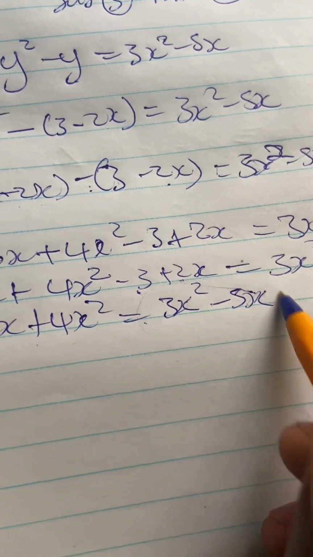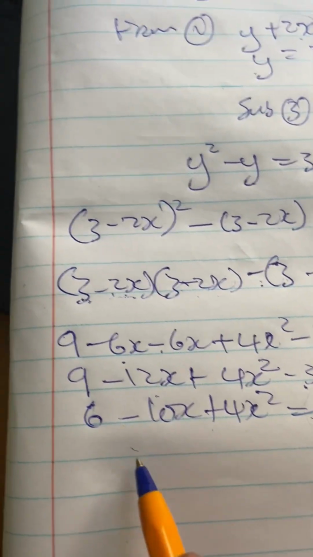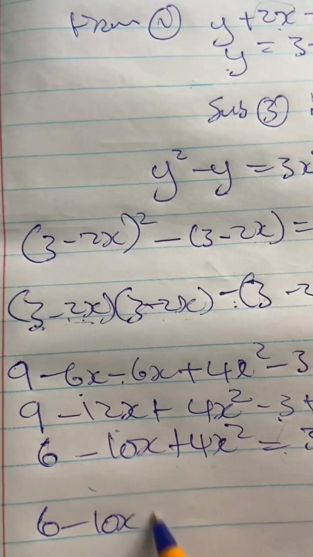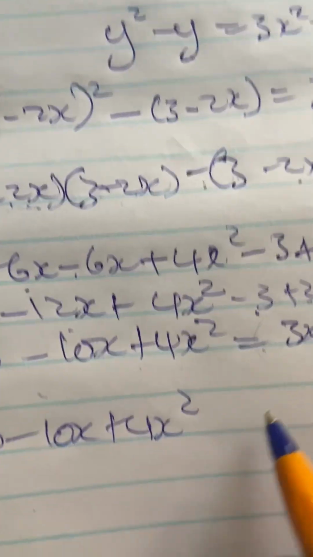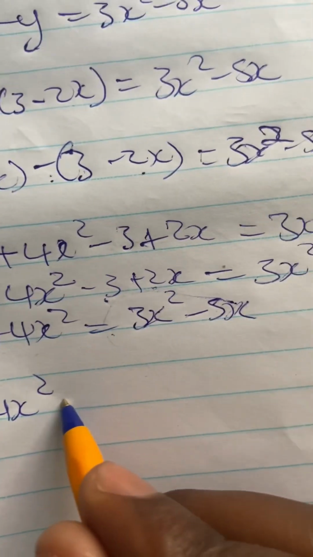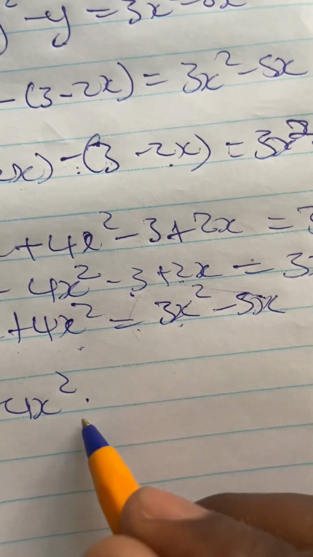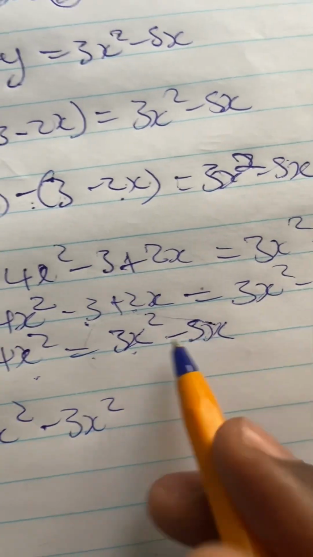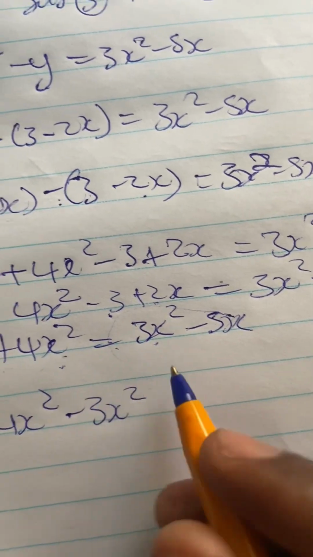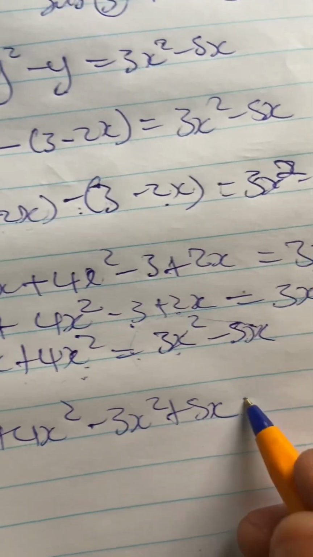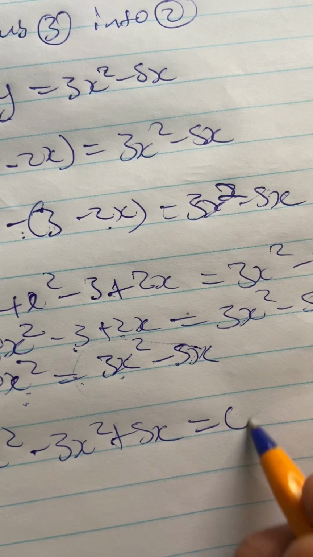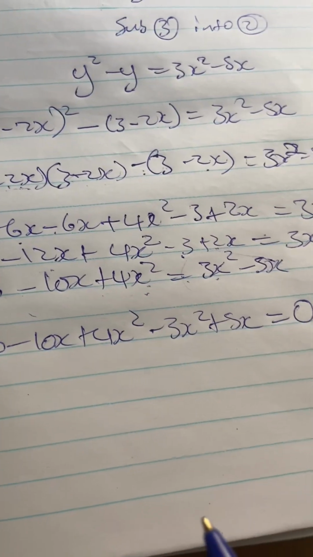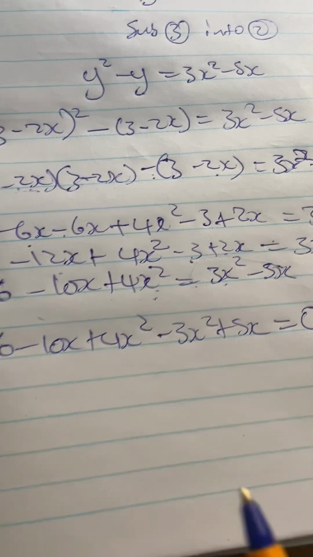So let's take this to this side. It's going to be 6 minus 10x plus 4x squared. Take this to this side, it's going to be negative 3x squared. This to this side is going to be plus 5x. Here we're going to be left with 0. So here we're grouping like terms.